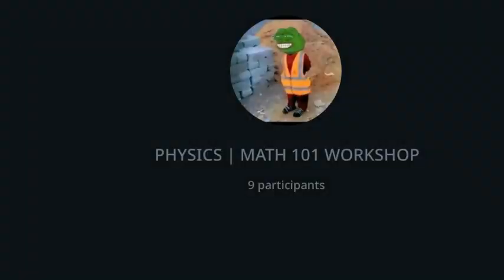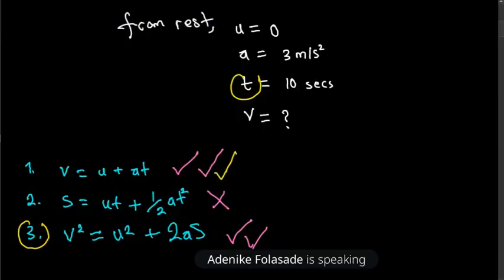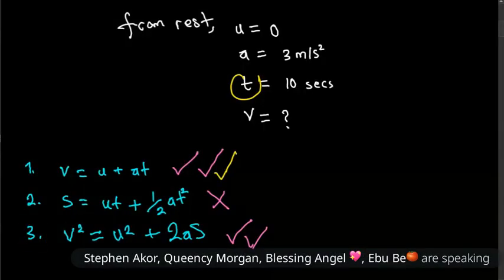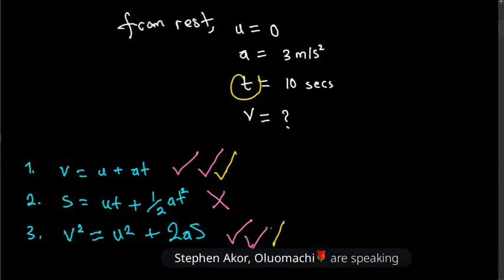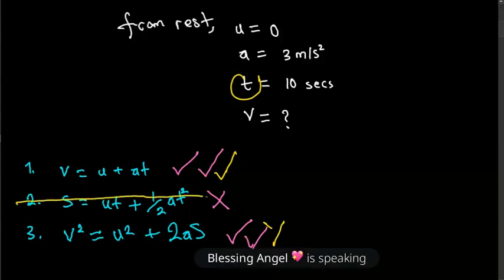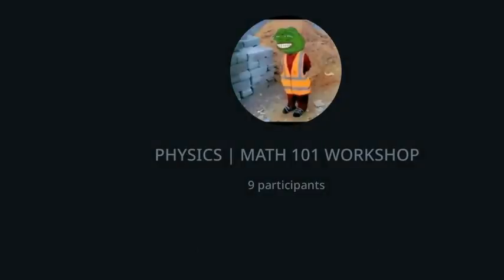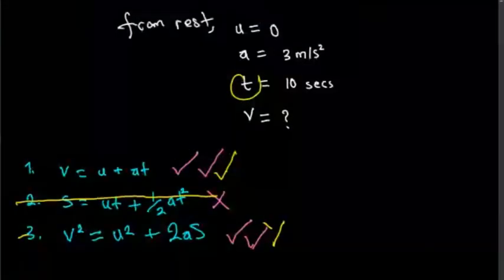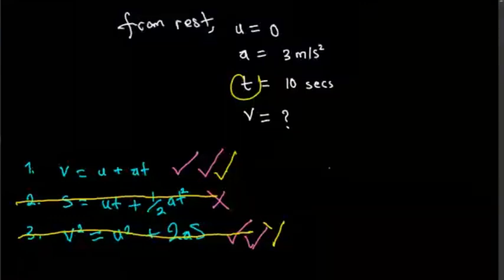No, sir. There is no time. So equation 3 is now out as well. Since we cannot use equation 2 and we cannot use equation 3, therefore equation 1 is what we should use. You have to think very fast by inspecting the equations, because you don't have much time in JAMB.